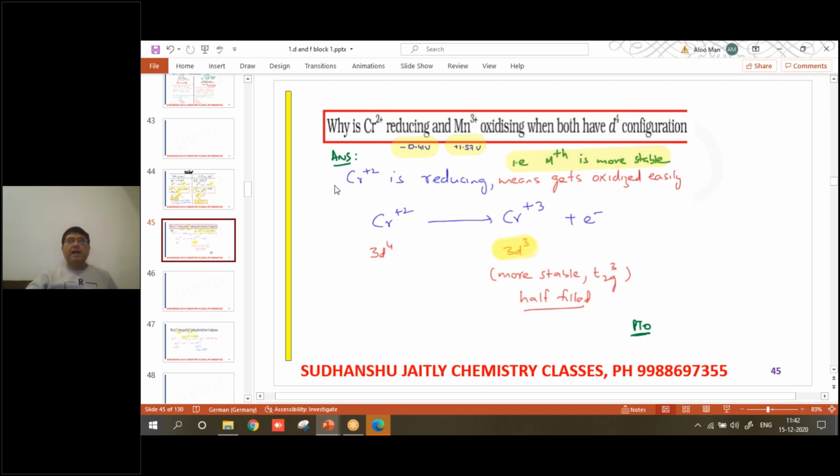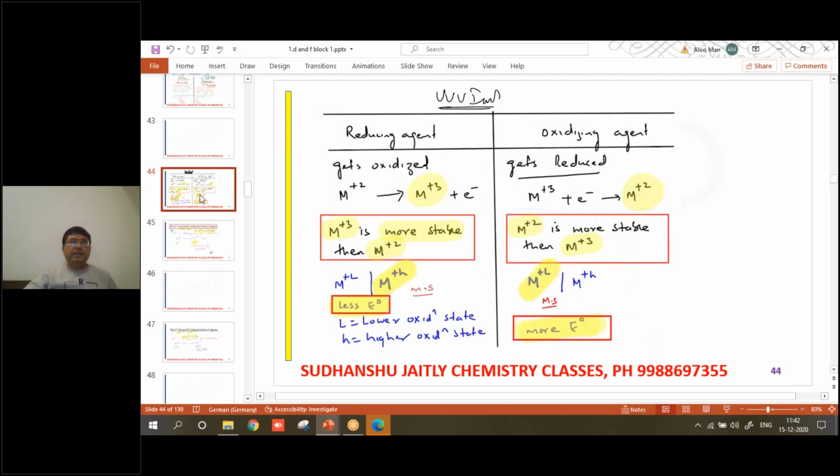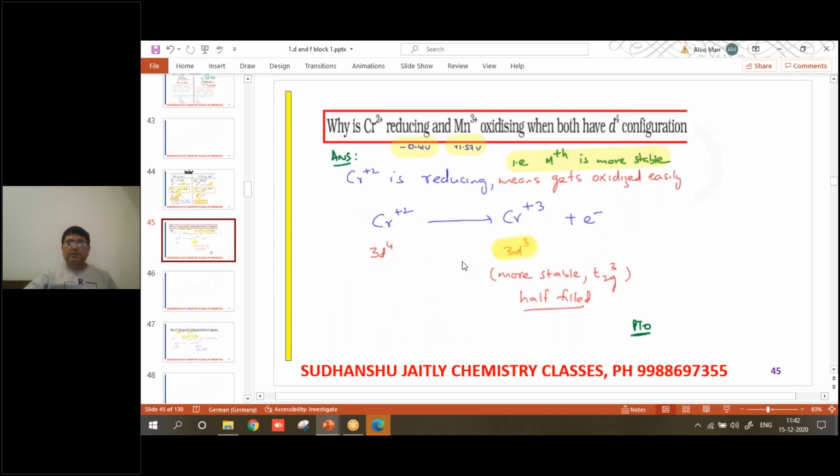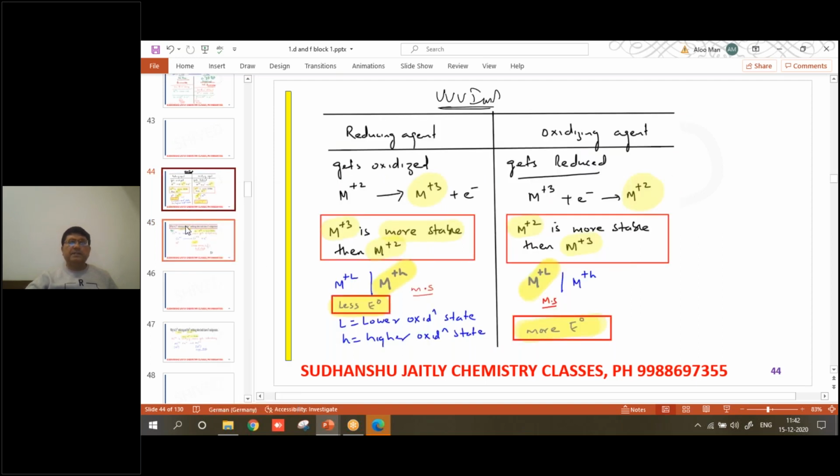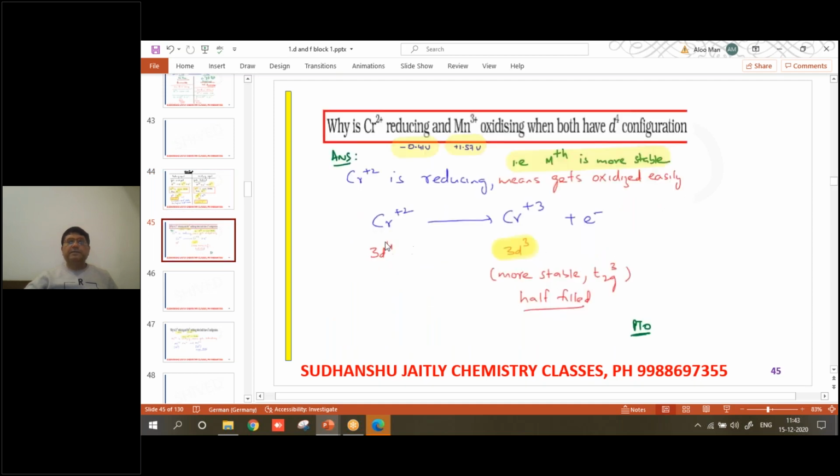देखते हैं. Chromium plus 2 is reducing का मतलब it will get oxidized easily. अब ये भी कराया तो it is reducing का मतलब क्या होगा? Higher oxidation state is more stable. You understand? तो एक सेकंड, चलो अभी ऐसे ही चलते हैं. तो इधर देखिए बेटे. So the higher is more stable.